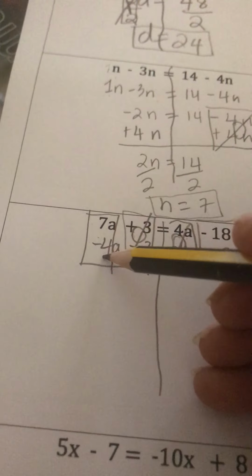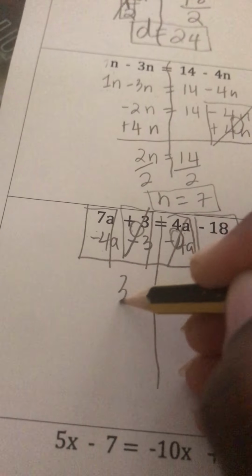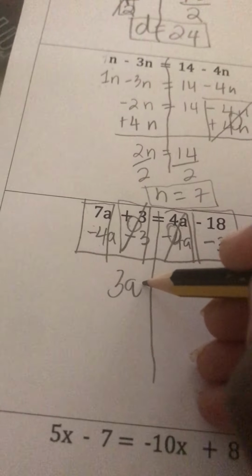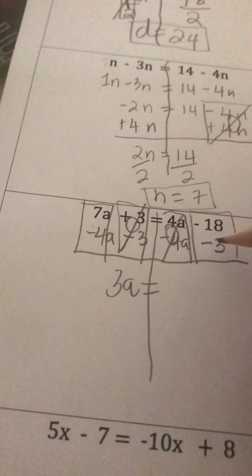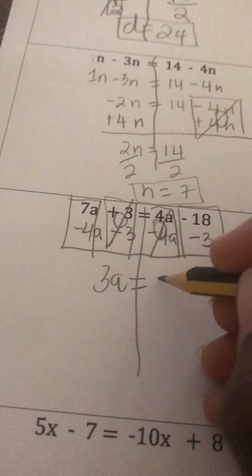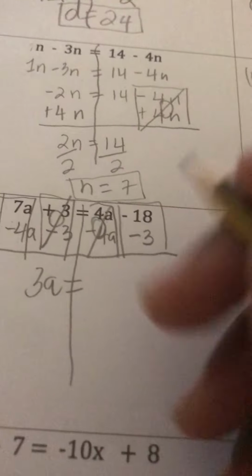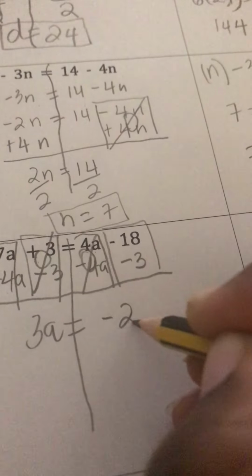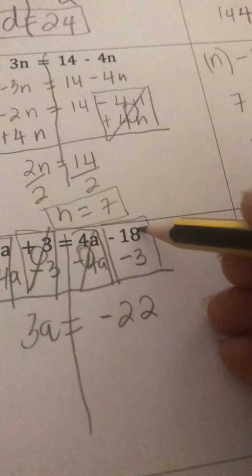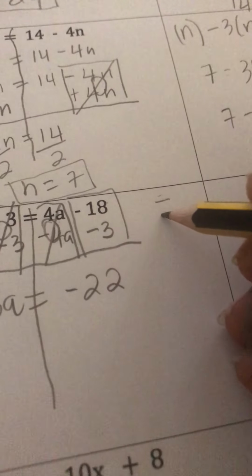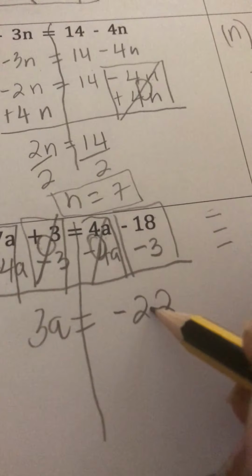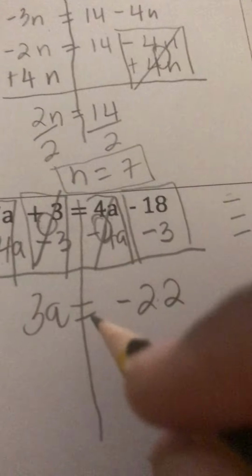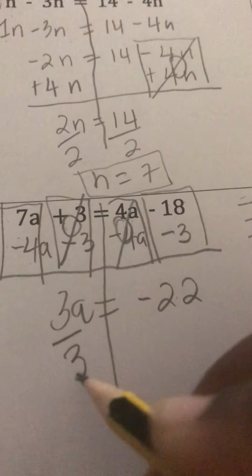All right, 7a minus 4a is 3a. Negative 18 minus 3 is negative 22. Okay? Negative 22. Negative 18, 19, 20, 22. So negative 22. Okay? And then I divide both sides by 3.